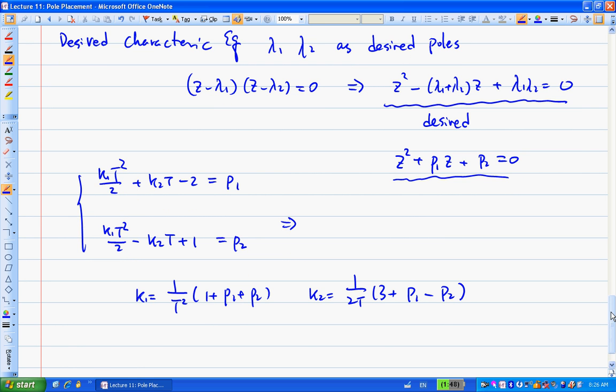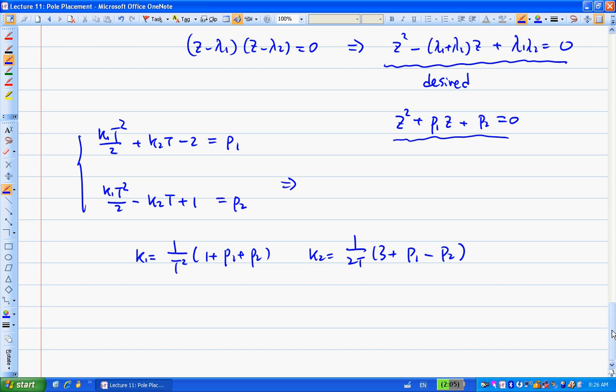Given your desired pole location, you can pick your gains K1 and K2 using these expressions. That's the second order double integrator. Is that clear? It's not too bad.